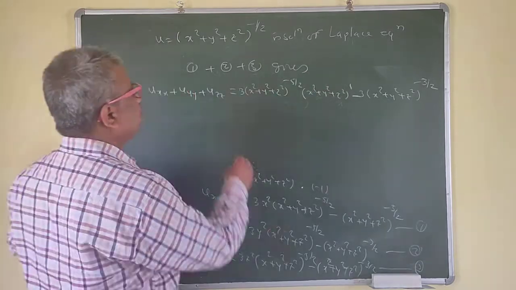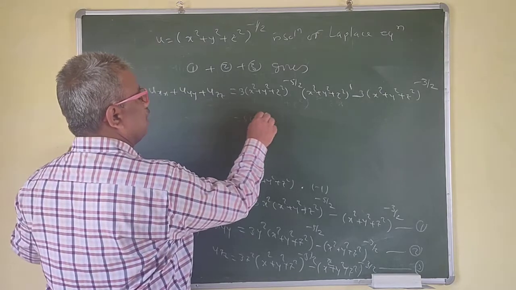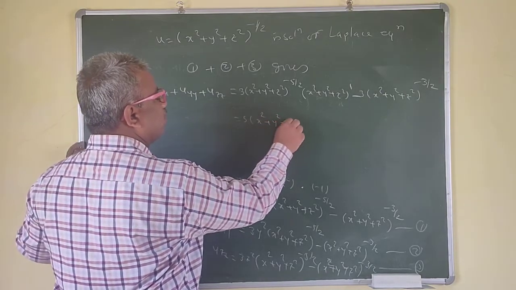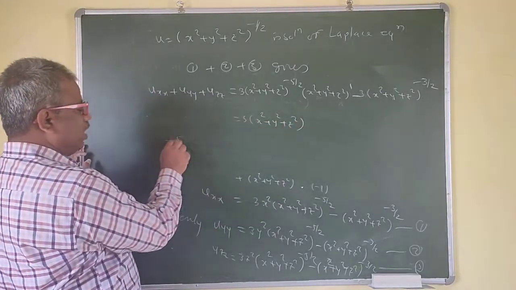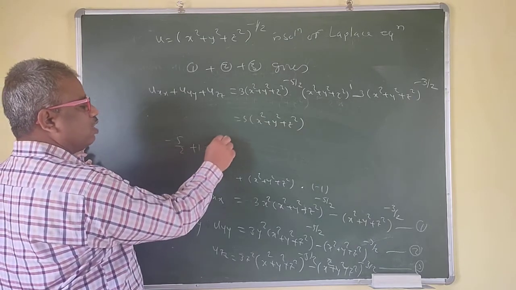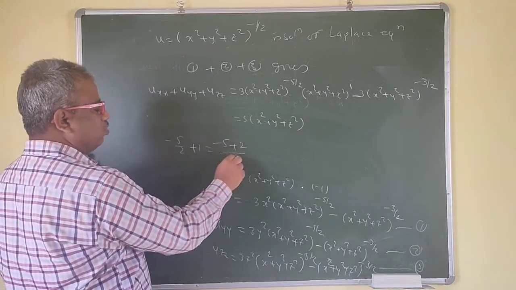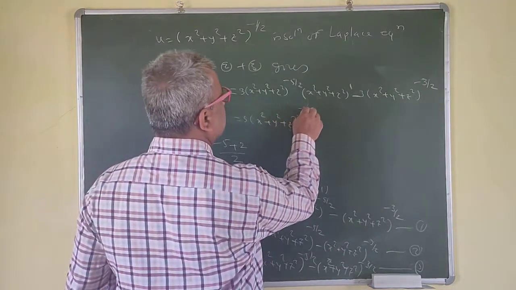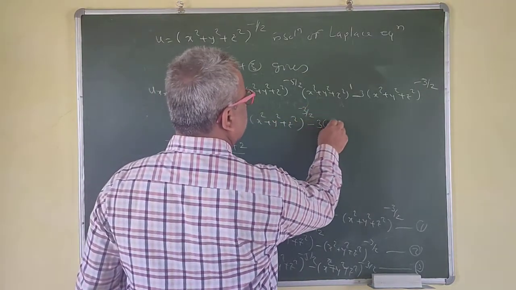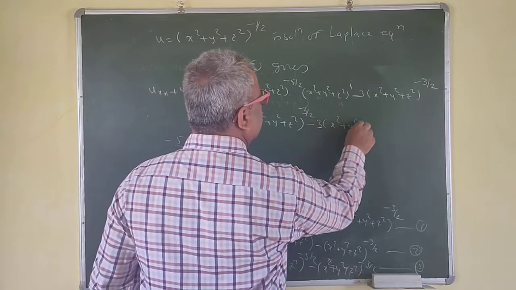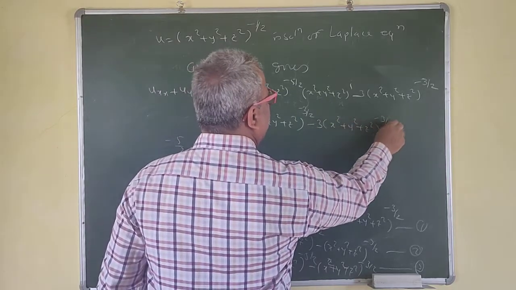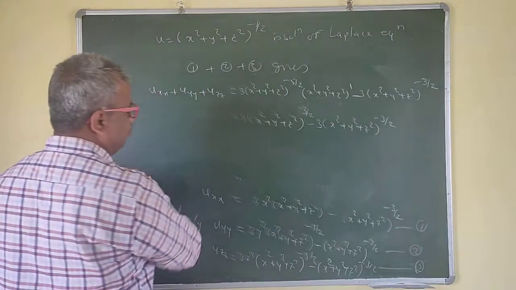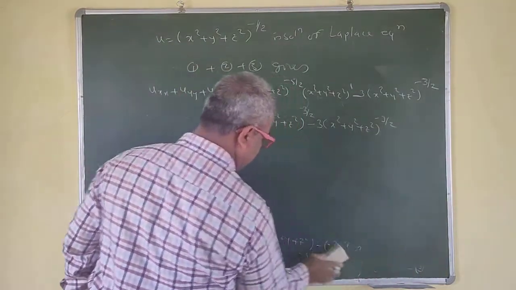Minus 5 by 2 plus 1 now. This will be 3 (x square plus y square plus z square) to the power minus 5 by 2 plus 1. This is minus 5 plus 2 upon 2. So this is minus 3 by 2. So minus 3 by 2 minus 3 (x square plus y square plus z square) to the power minus 3 by 2. Now see, we get 0 now, right?